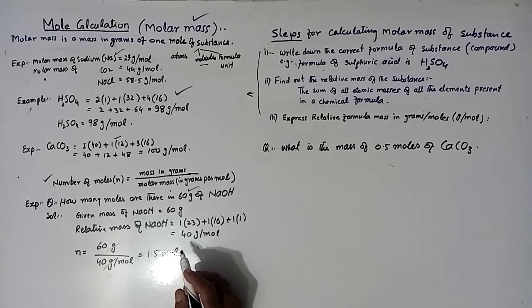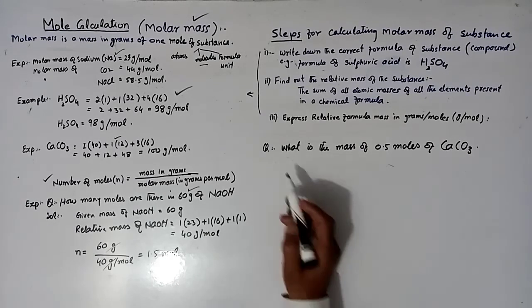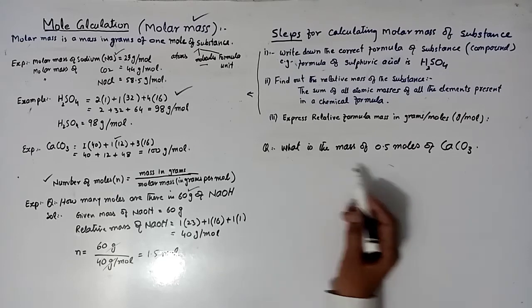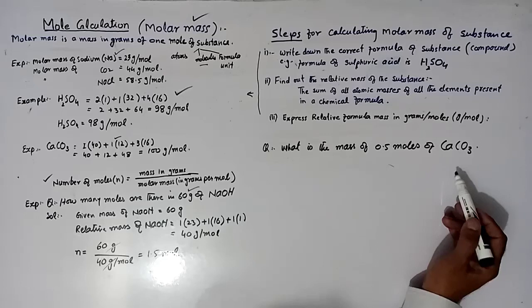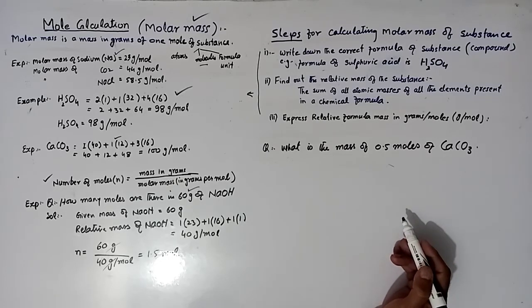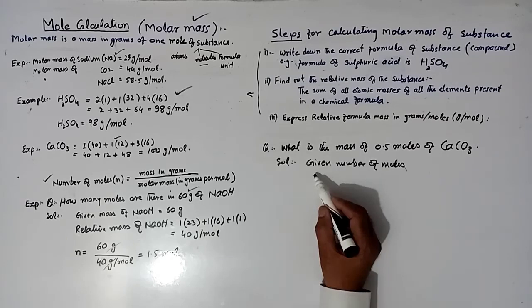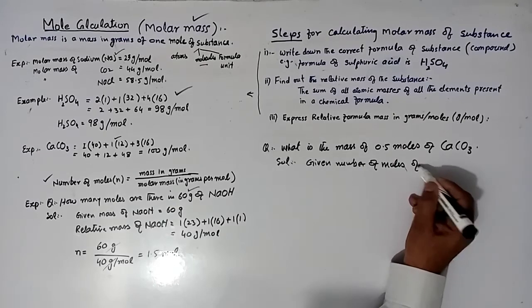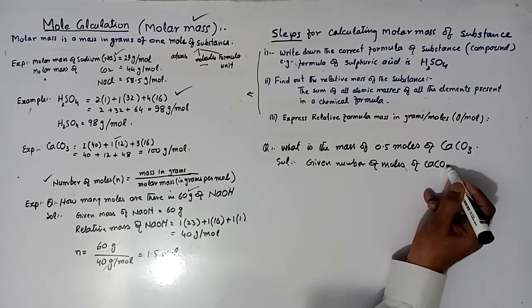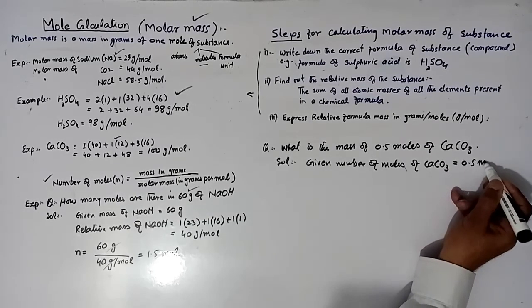But sometimes we can also be asked to find out the mass of a substance by giving the number of moles. For example, this is a question: what is the mass of 0.5 moles of calcium carbonate? As a solution, first we take the given number of moles of calcium carbonate, that is 0.5 moles.